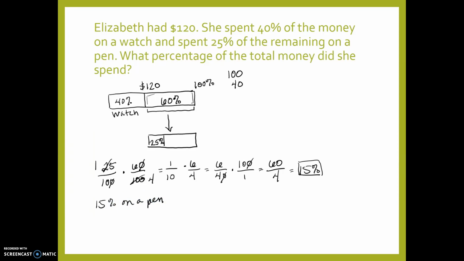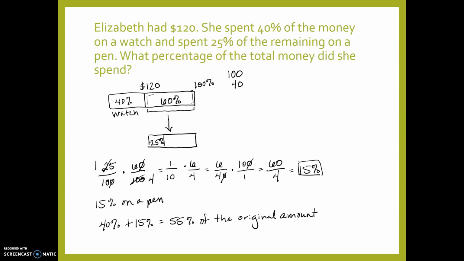Okay, the first question on your note says, what percent of the total money did she spend? Well, if she spent 40% originally on a watch, and then she spent 15% on a pen, she spent 55% of the original amount. Okay, the next question on your note says, what percentage did she have left?